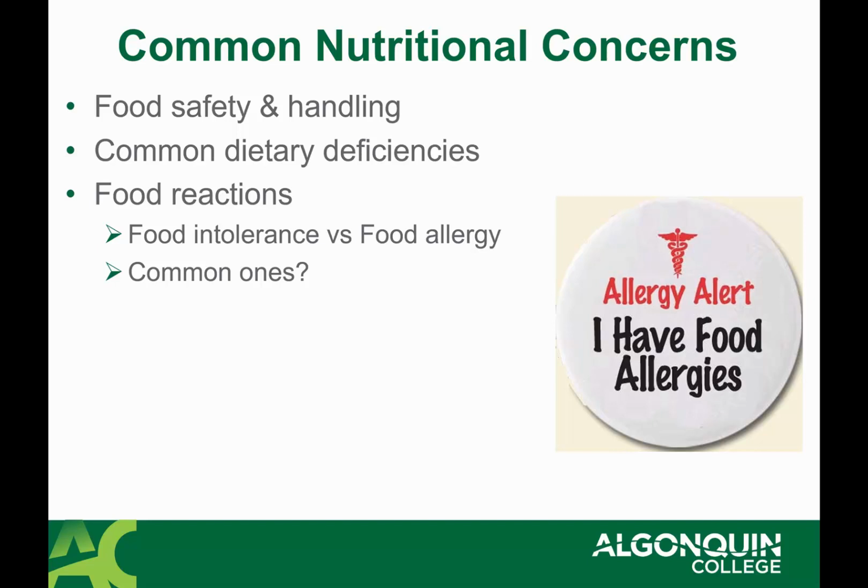So common nutritional concerns continued here include food safety and handling. So ensuring that kids are using kitchen stuff safely, especially if they're those kids who are home fixing snacks for themselves after school without parental supervision, that they're not using parts of the kitchen that they shouldn't be getting into.